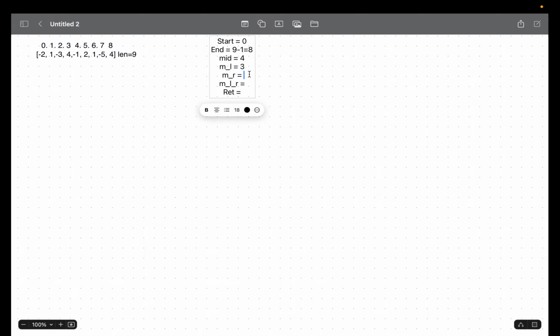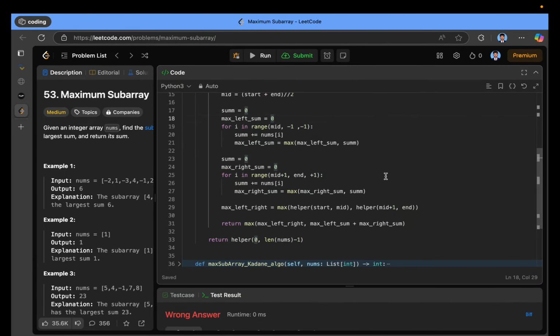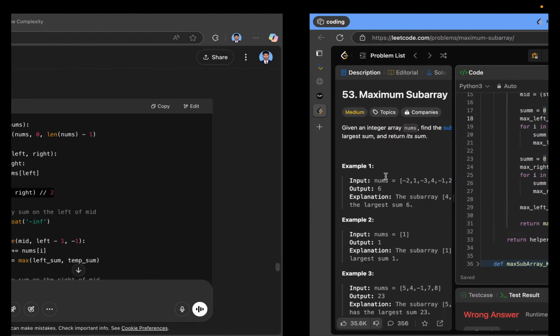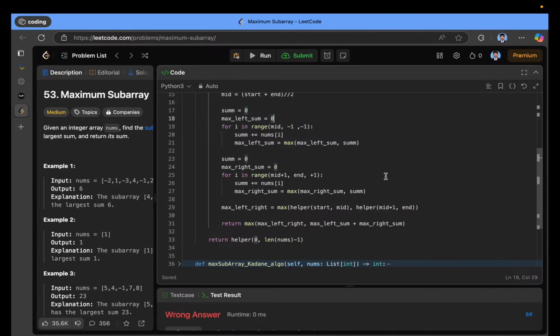But I know the way I am solving is right, but how should I know where I am doing something wrong? I knew that the way I am solving it is correct because I'm just copying it. But there is some place in this code where something is wrong. How should I find that?